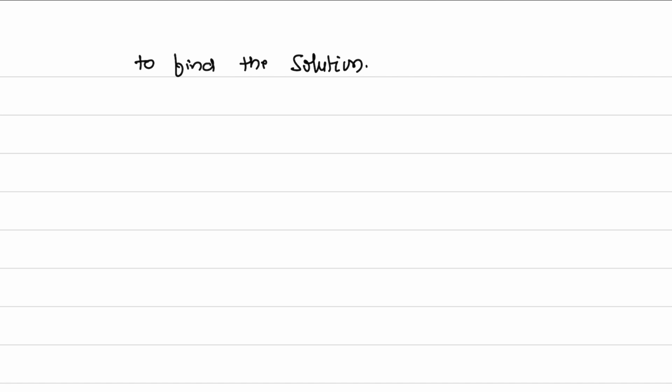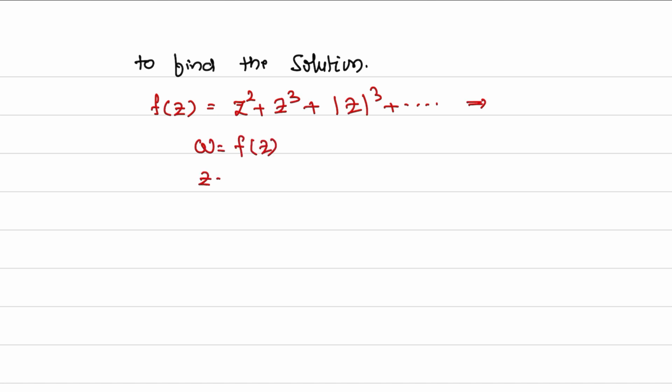Whenever you get a question in the form of a function of z, like z square plus z cube or modulus of z cube or something like this, function of z is nothing but w. W is equal to function of z. Z is equal to x plus iy, or it can be r into e to the power of i theta.